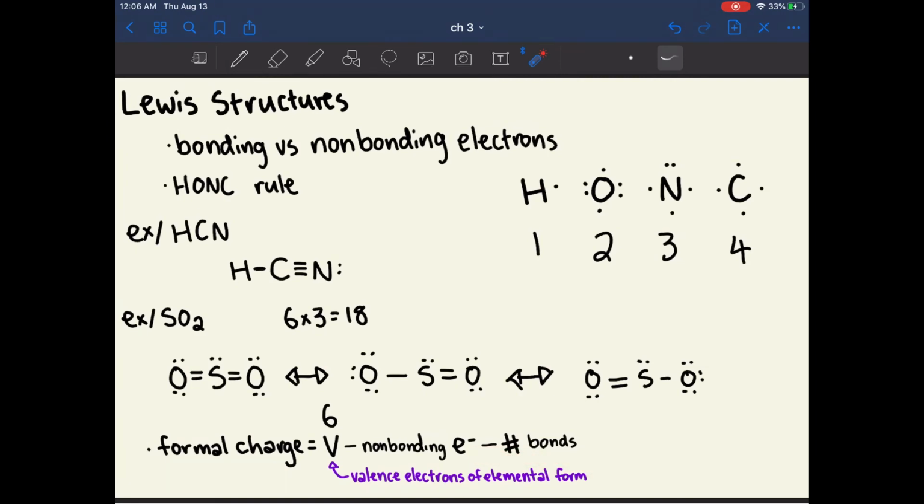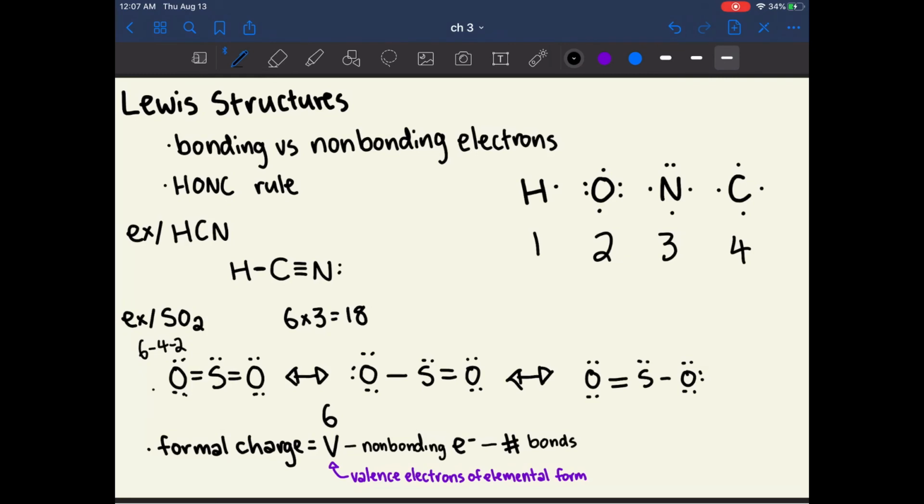So to see this in action, we can calculate it for every single atom in this form of sulfur dioxide. So in this oxygen, the number of valence electrons in its elemental form is 6. The number of non-bonding electrons is 1, 2, 3, and 4. So this is minus 4. And the number of bonds it has is 2 bonds. So minus 2.